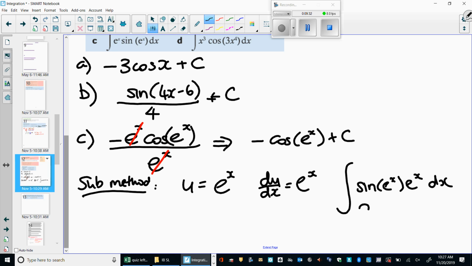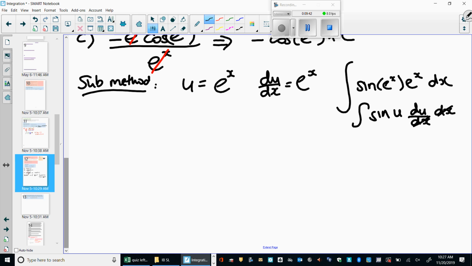So that's now going to become sine u du dx. So that's going to be negative cos u, and that's negative cos e to the x plus c.